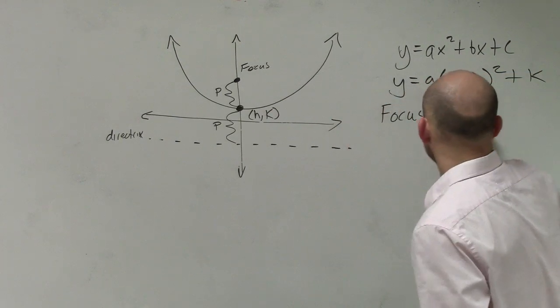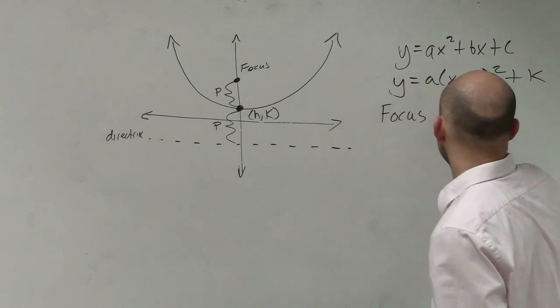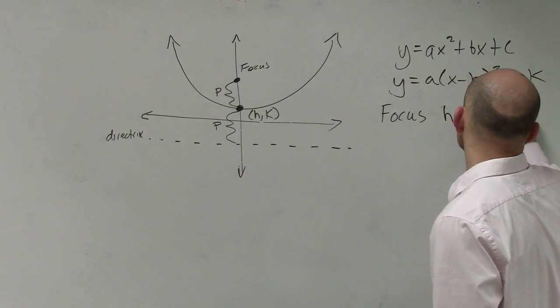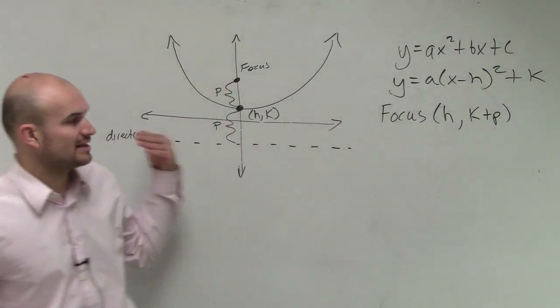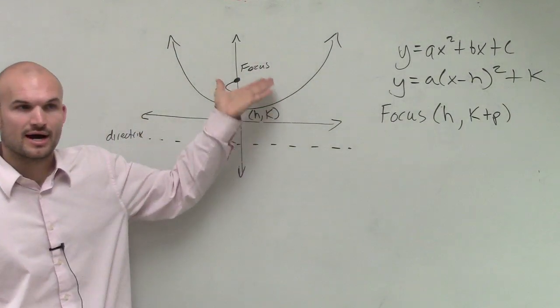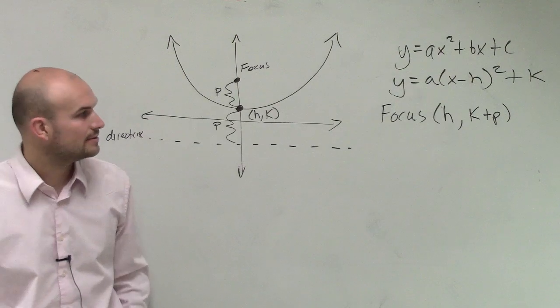The focus is a point, so it's going to be at h, comma, k plus p. H, because you're not moving it left or right at all. You're just moving it up or down with your k plus p.